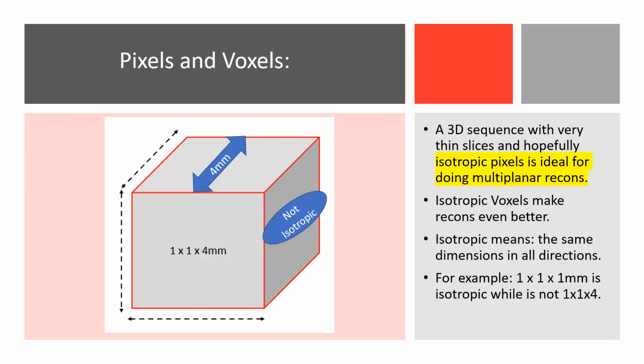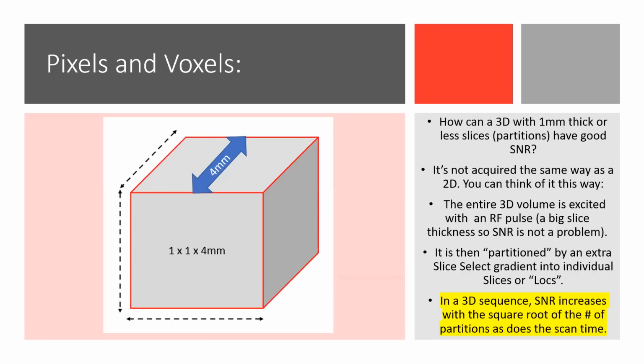Isotropic means the same, so that would have to be 1 by 1 by 1 or 4 by 4 by 4. That's isotropic. So iso means the same. So they could potentially give you a visual and ask you, is that isotropic or not? It's an isotropic pixel, but it's not an isotropic voxel.